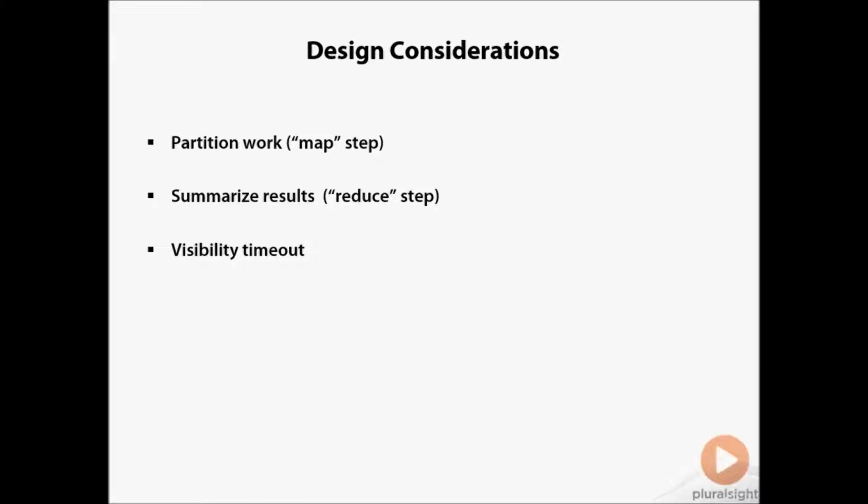The next design consideration flows directly from the visibility timeout, and it is related to idempotent processing of messages. So what does that mean? It means that a computation can be performed multiple times without changing the result beyond its initial application. Why is it important that you be able to process that same message multiple times without impacting the results?